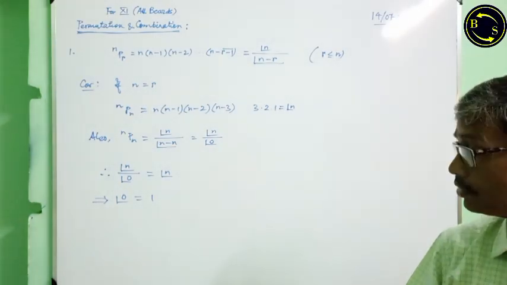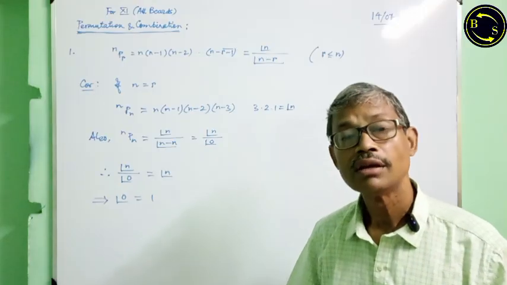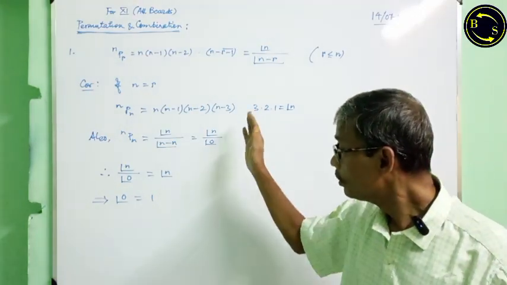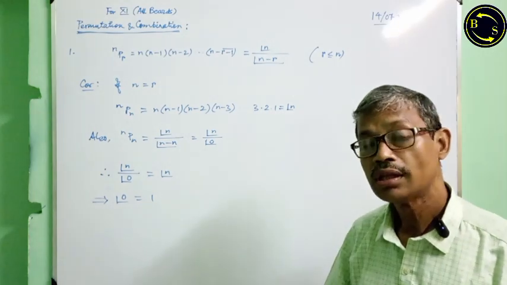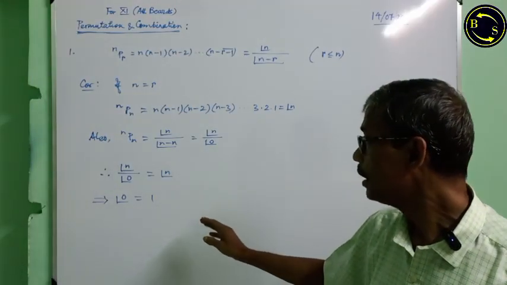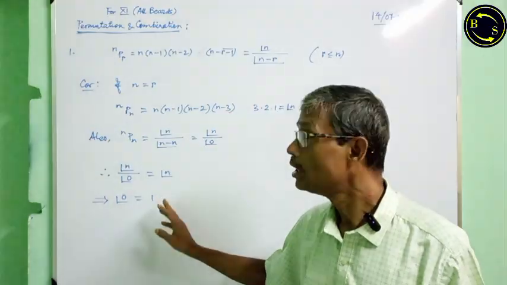We have not defined factorial 0 there, and I mention that factorial 0 is taken to be 1. Now this is the situation where we must accept that factorial 0 equals 1.